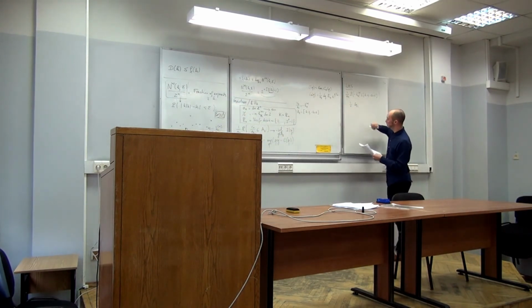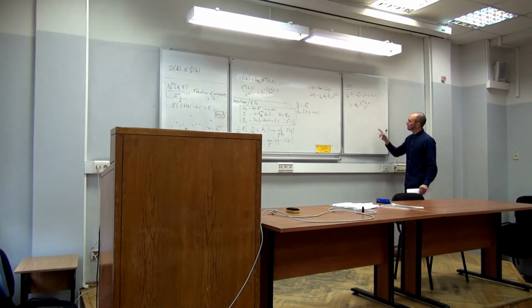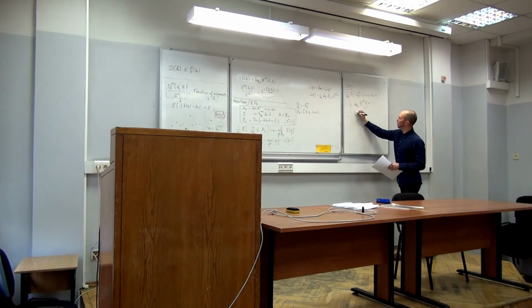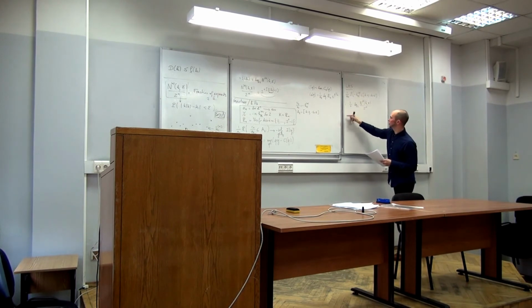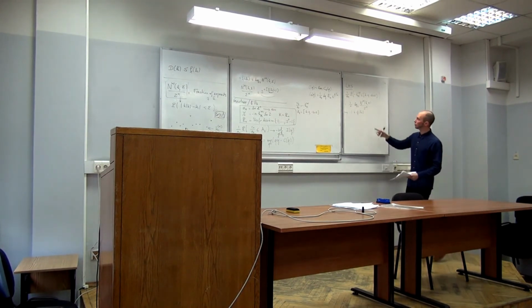So log in base 2 of n of h epsilon divided by 2 to the n. Here you end up with a minus 1 plus, by definition, 1 on n times the log, which converges to f of h. So that's for the left-hand side.